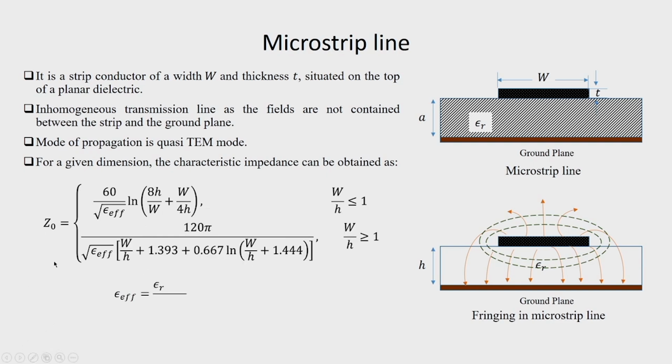As we can see, the characteristic impedance can be obtained as Z naught is equal to 60 by root epsilon effective times ln of 8h by w plus w by 4h.